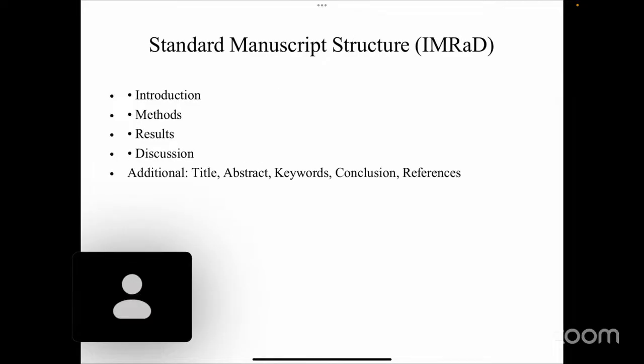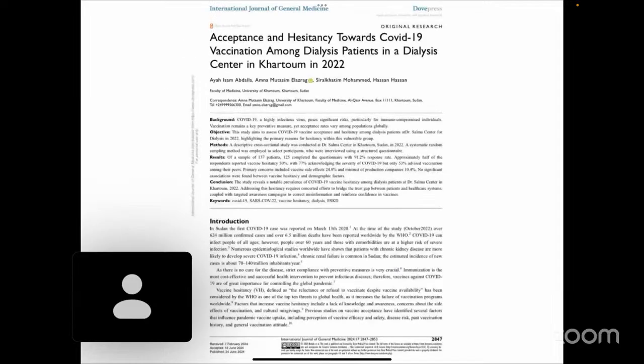Okay, so for a standard manuscript structure, we follow IMRAD: introduction, methods, results, discussion. And then the additions are the title, abstract, keywords, conclusion, and references. Here is an example of a published manuscript. As we can see, the title is clear at the top of the page, and then there are the authors' names.